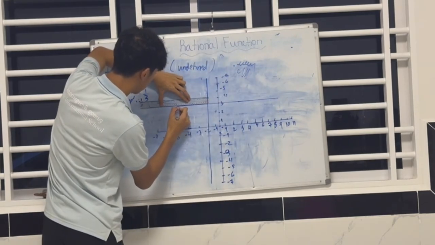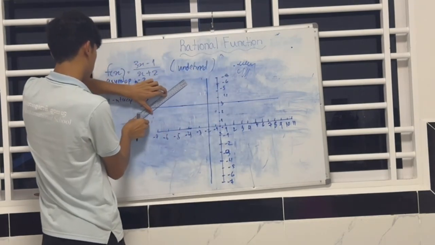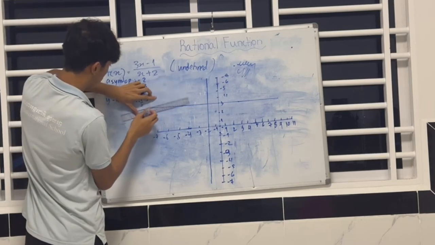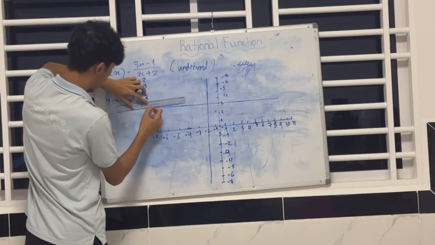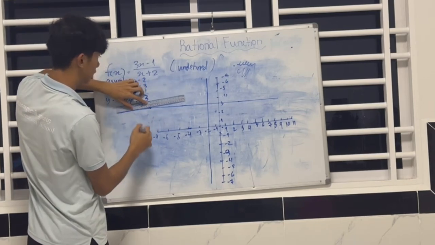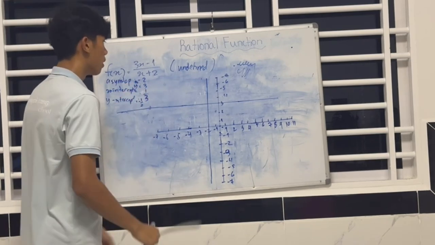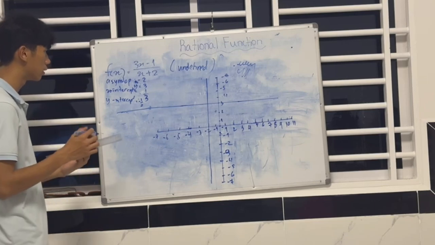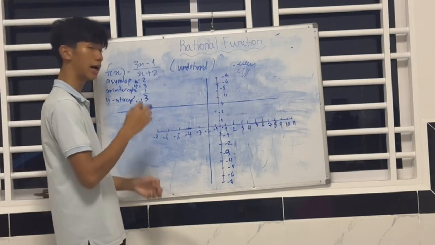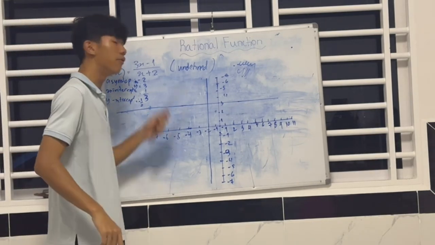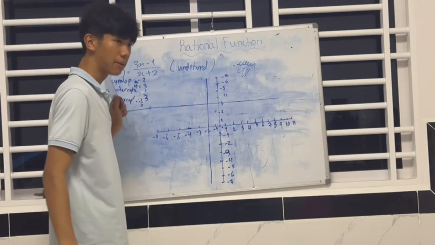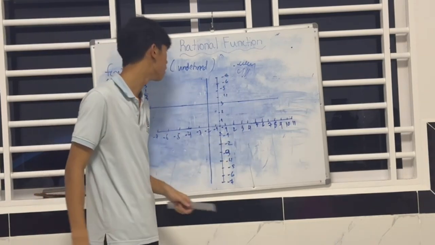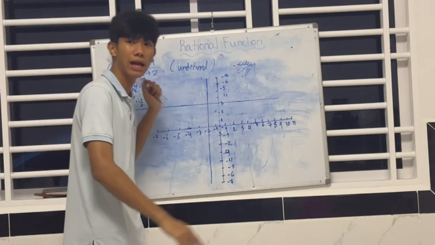We're just going to draw over, like this. After we use that, we're going to determine by using the x-intercept and the y-intercept. Remember, the x-intercept and the y-intercept cannot pass over the asymptotes, which are negative 2 and 3.